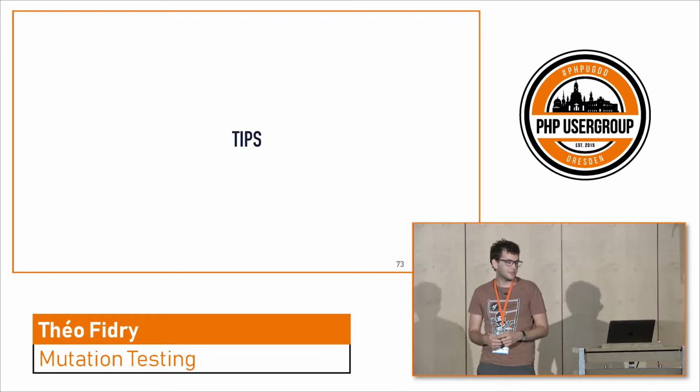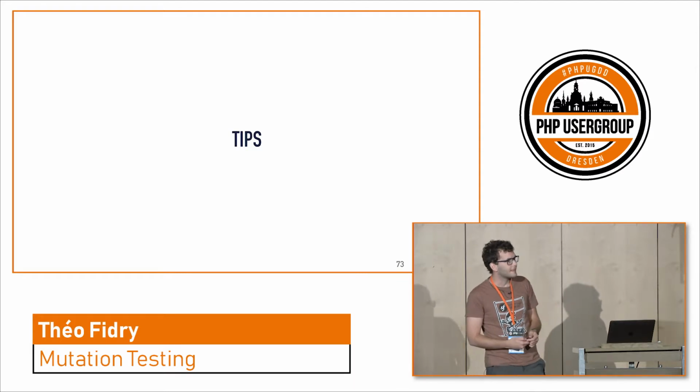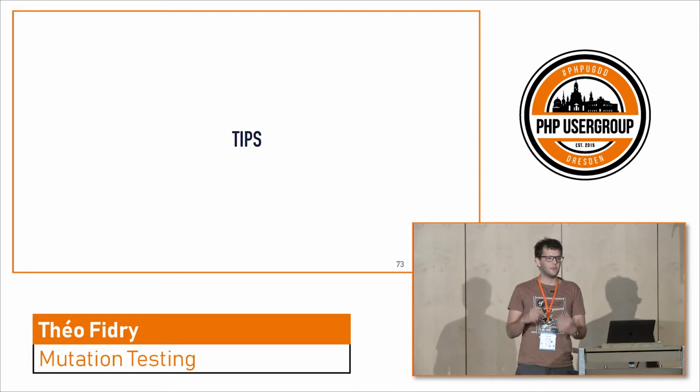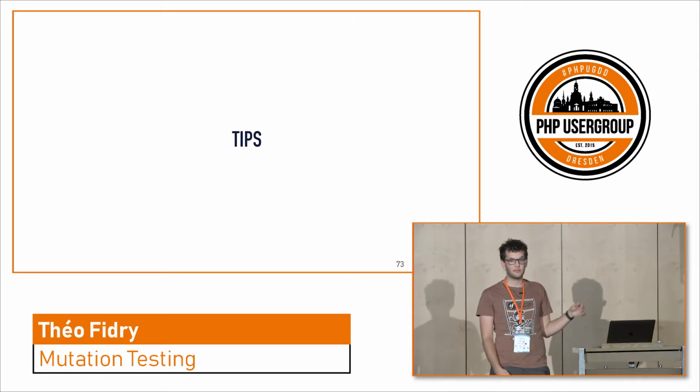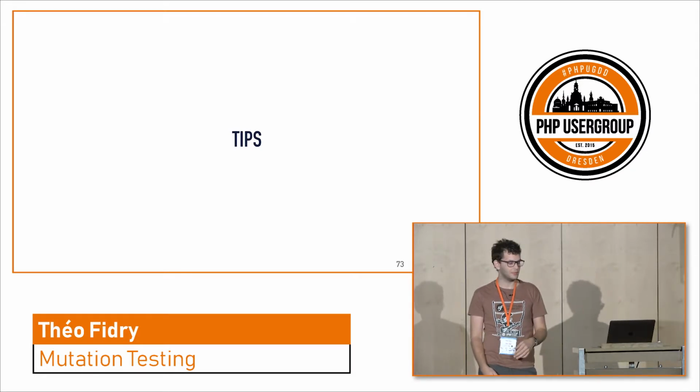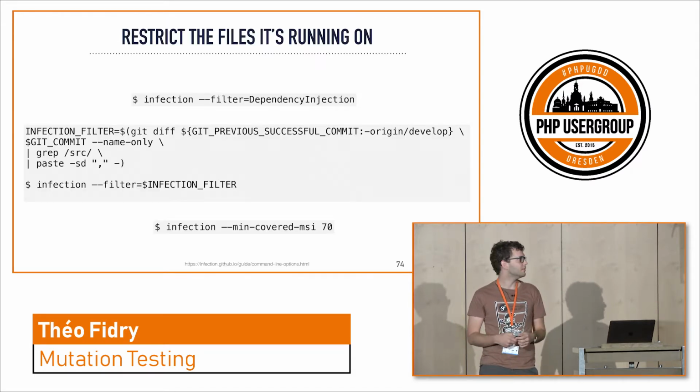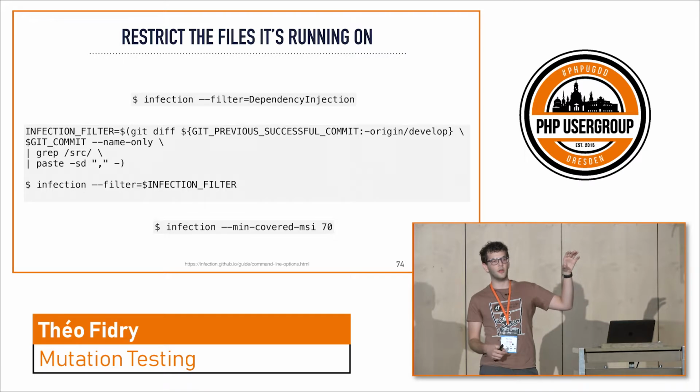A couple of tips, because infection is meant to work out of the box like that. You saw it's very simple. Install, init, run it, and done. But it's a bit slow, and you can do a few more things to make it faster. The first one, especially if you're debugging after running it once, okay, you see those mutants were not detected.